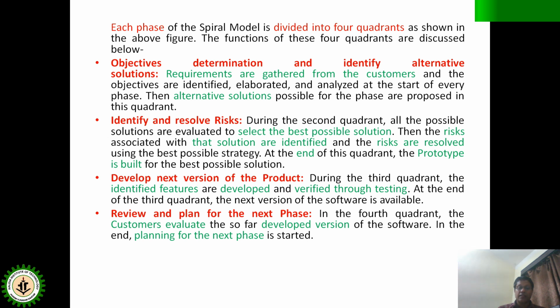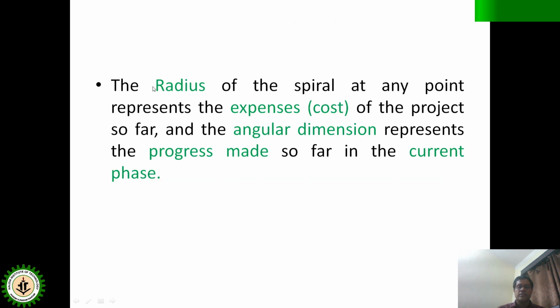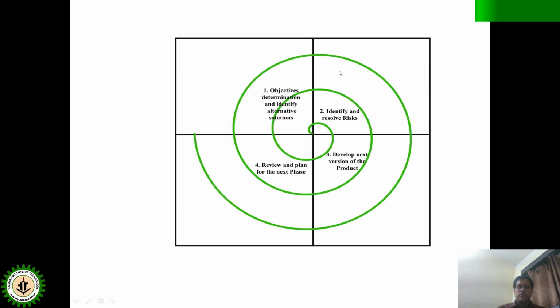Then we have n number of solutions for the problem, and alternative solutions are found out. This requirement gathering is shown by the first quadrant.